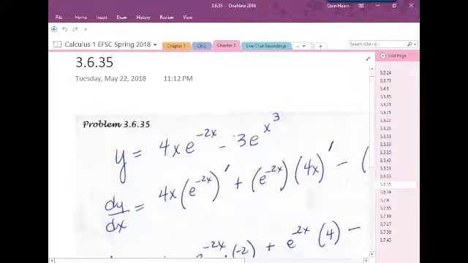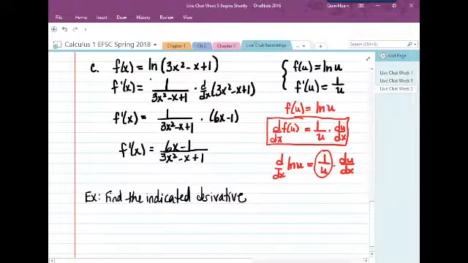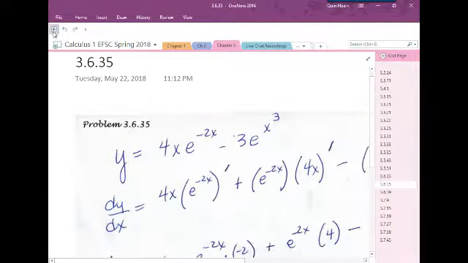Okay, so here's our y equals 4x e to the negative 2x minus 3e to the x cubed.